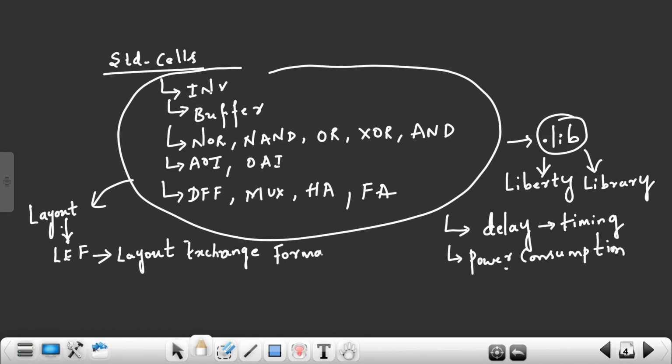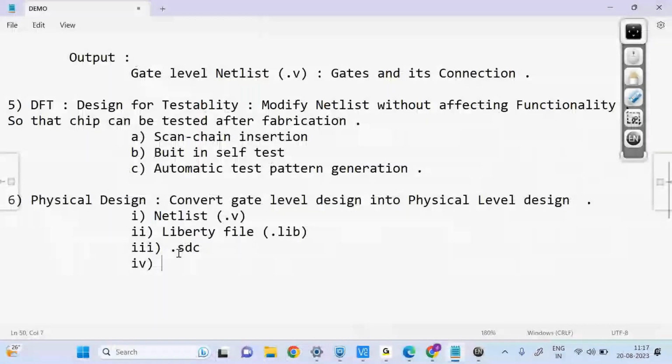For all the standard cells, I will get the layout in the form of LEF for physical design. So one of the inputs required here is LEF. I'll mention only the basic inputs required; the remaining inputs you will learn in the course. Layout exchange format.